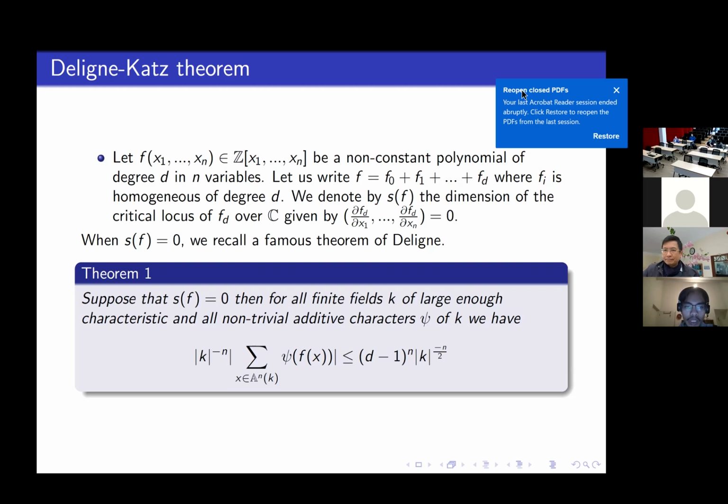We take the average by the factor k to the power minus n, and this has an upper bound of (d minus 1) to the n times k to the power minus n over 2.